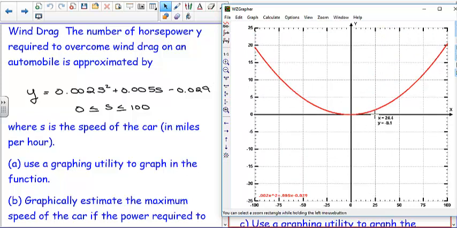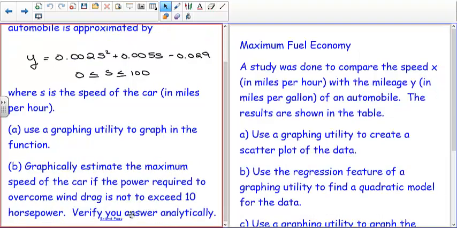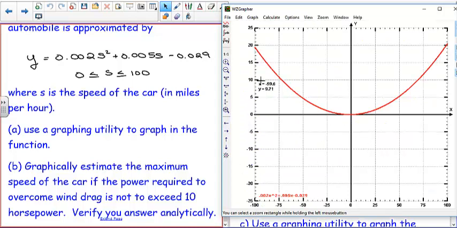So you can see at 100 miles per hour, we get a horsepower of around 21. So it says graphically estimate the maximum speed of the car if the power required is not to exceed 10 horsepower. So here's 10 horsepower.